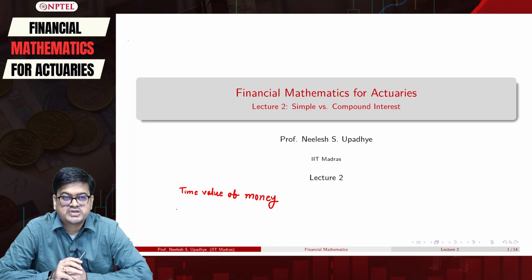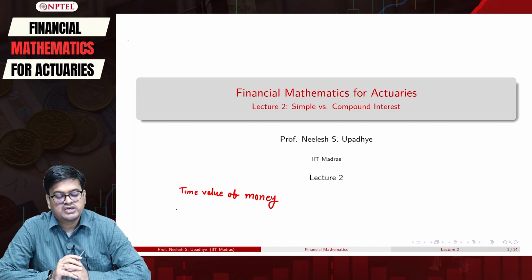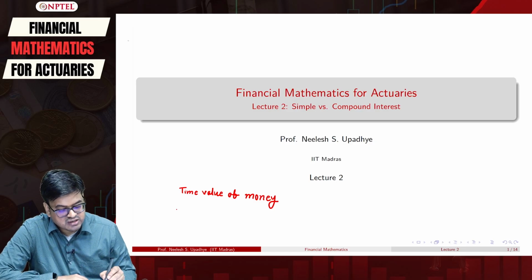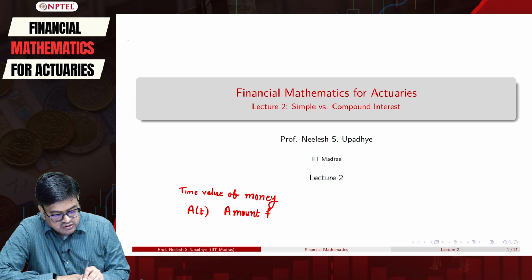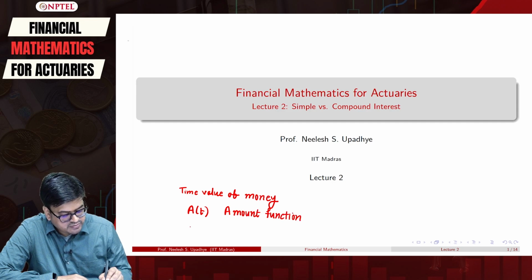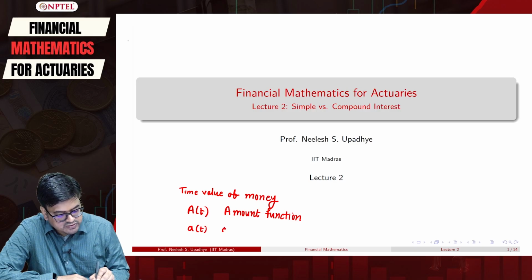So this is the important notion, and based on this notion, in order to understand how the value of money is changing as interest is earned, we defined two notations. One was capital A(t), which was your amount function, and the second one was small a(t), which was your accumulation function.